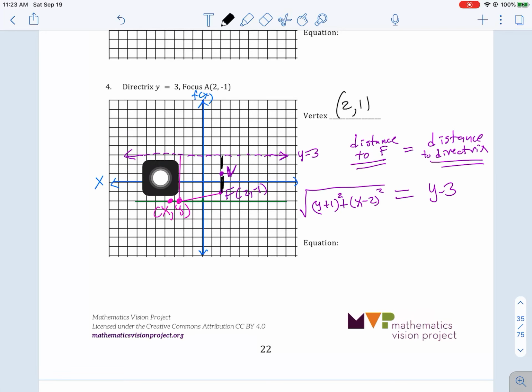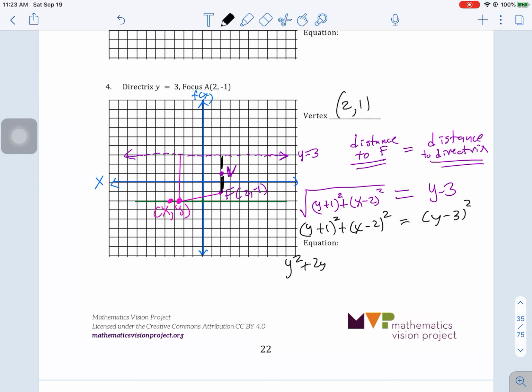The distance from this point to the directrix, I can just do y minus 3. We'll go ahead and square both sides, and I get y plus 1 squared plus x minus 2 squared equals y minus 3 squared.